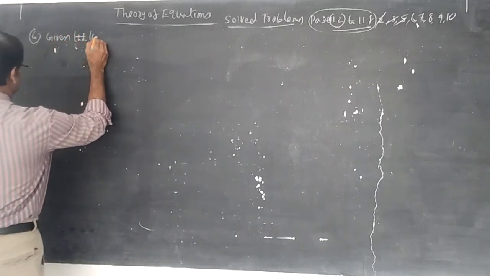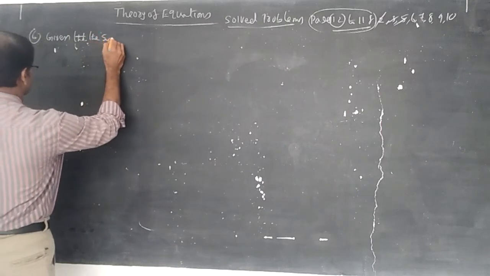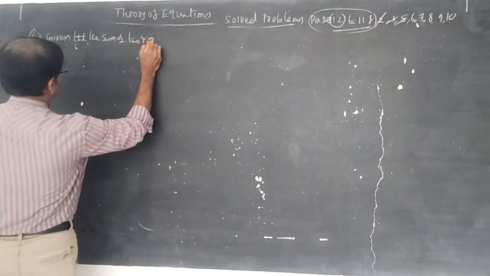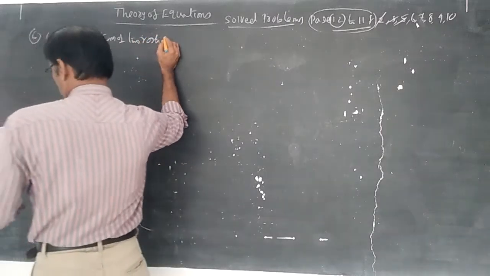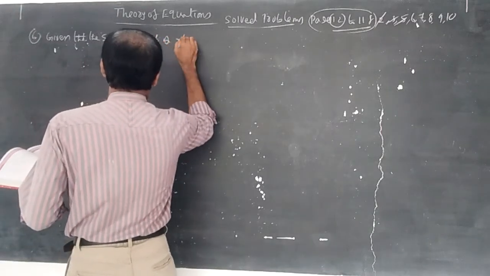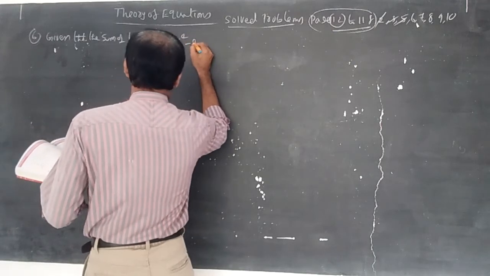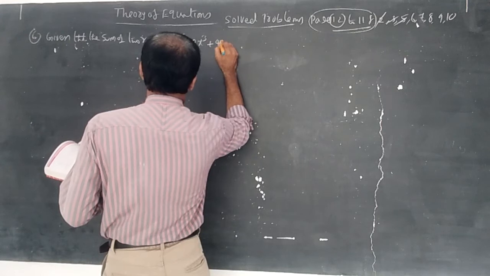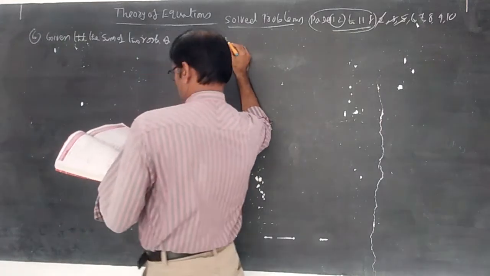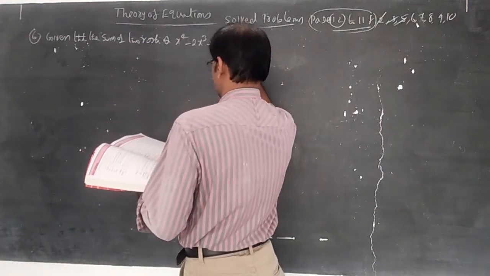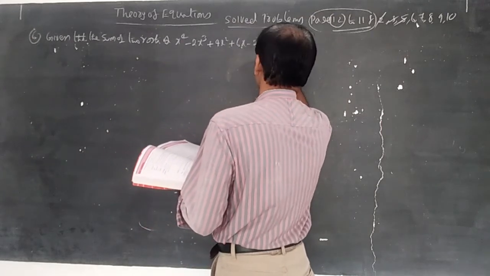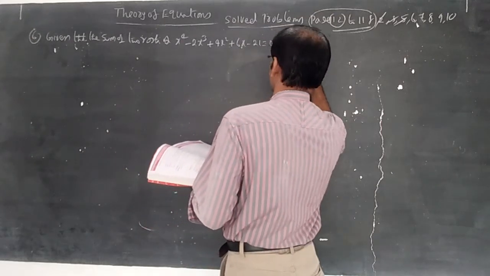Given that the sum of two roots of x power 4 minus 2x cube plus 4x square plus 6x minus 21 is equal to 0 is 0.